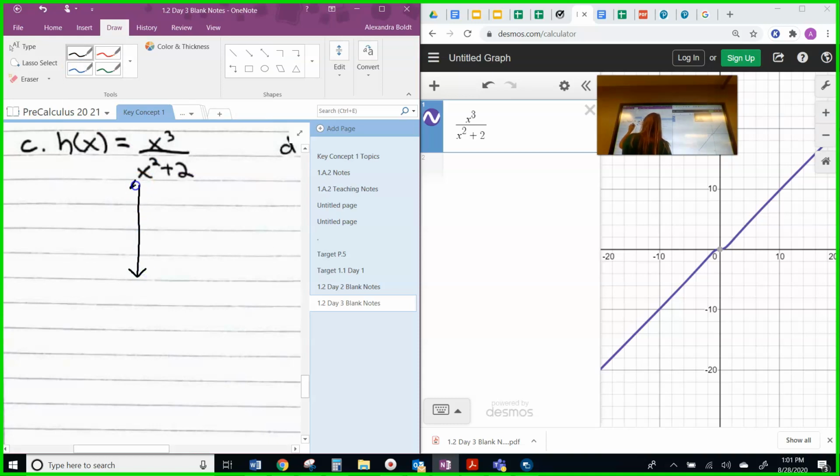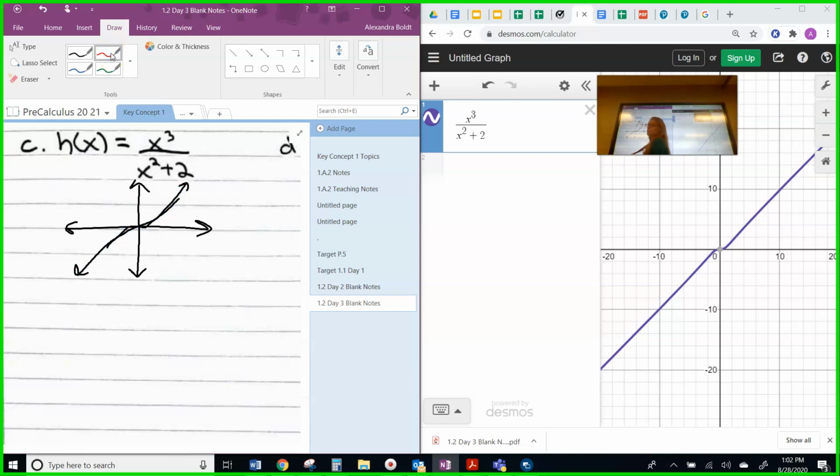We're used to our rational functions having weird things, and this is an example of a weird rational function that doesn't really have weird things happening with it. It kind of goes like that.